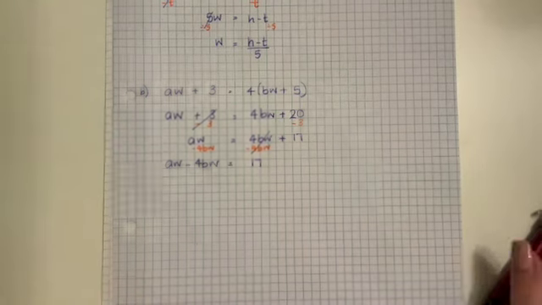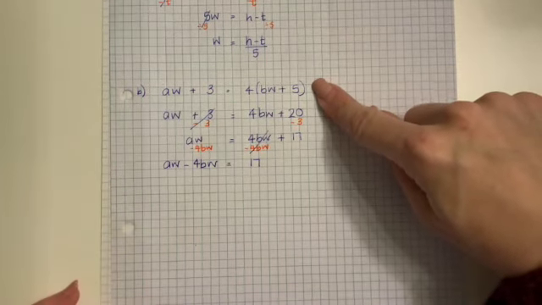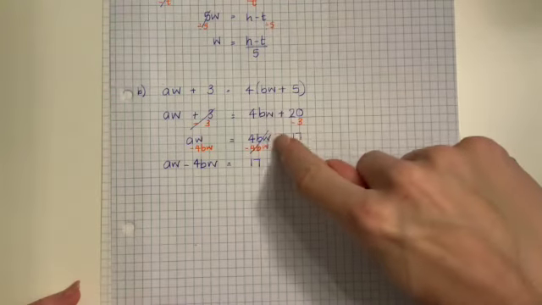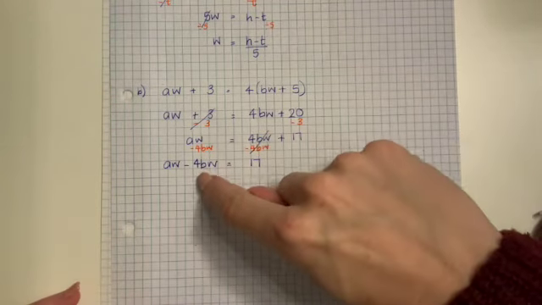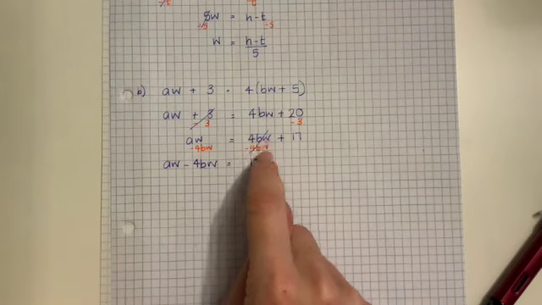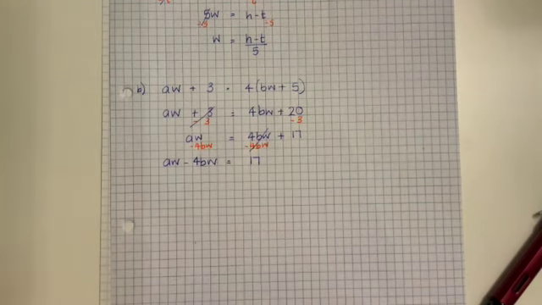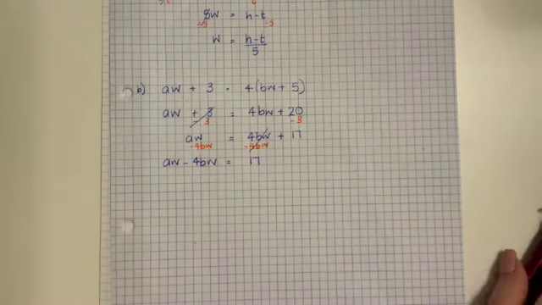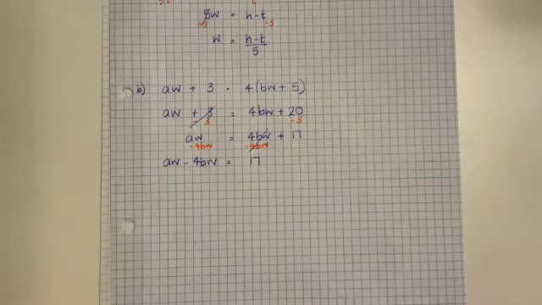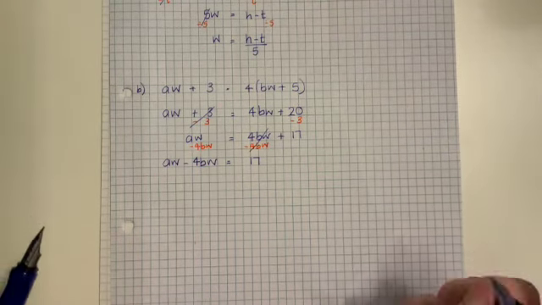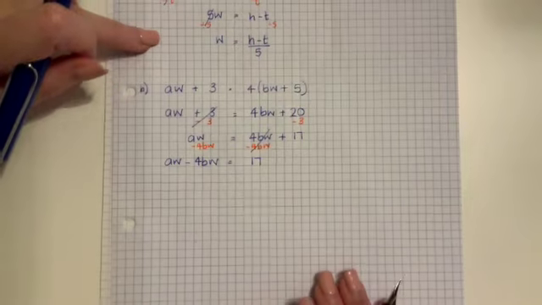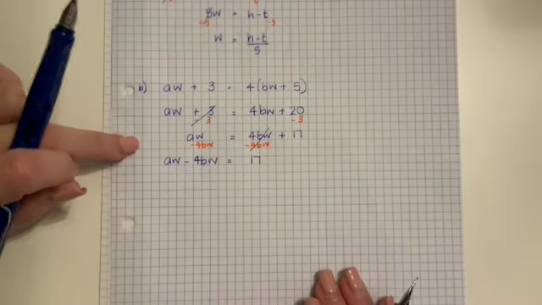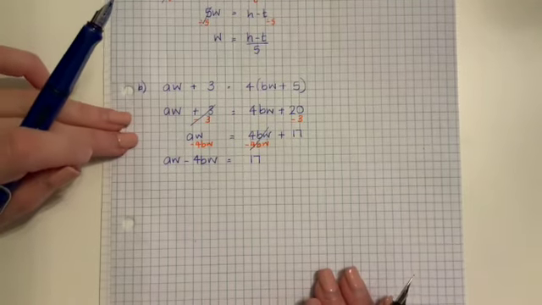All I've done is expand, get rid of the 3, and move this to this side, but you have to take it away so you know that it's a takeaway on this side. Now this is a higher topic. The first one isn't, but the second one is the type that you'll get asked on the higher paper.